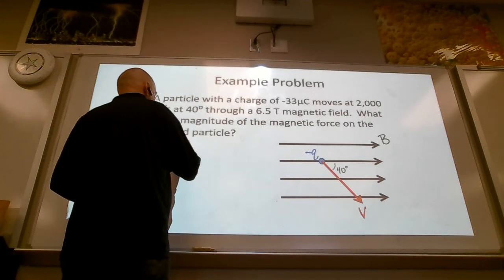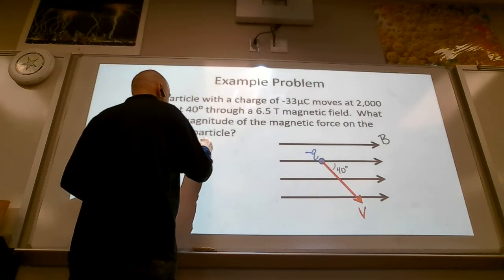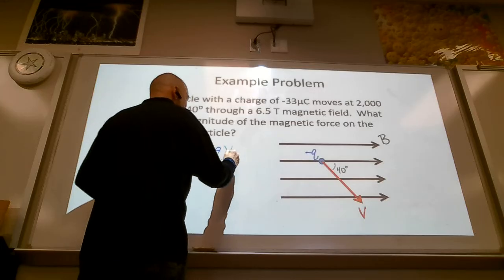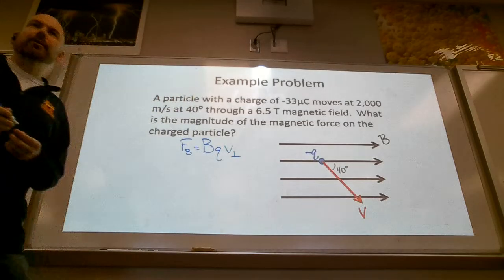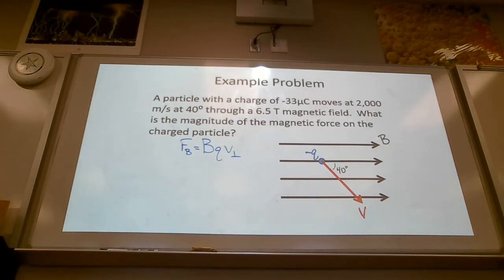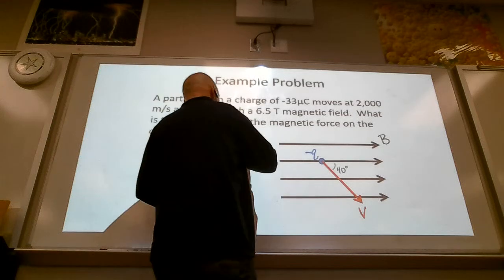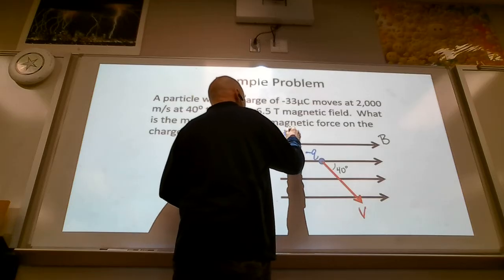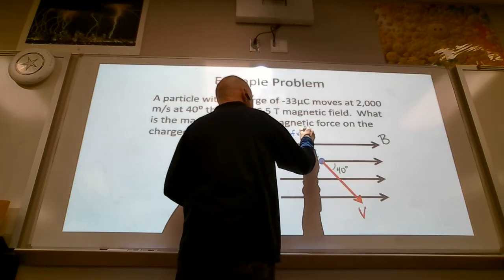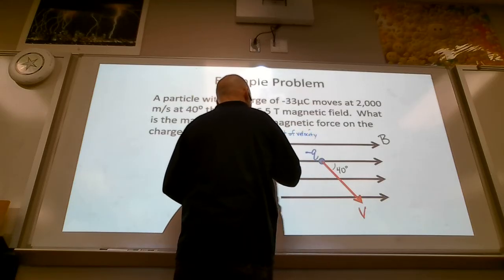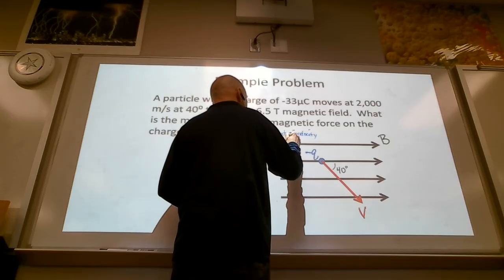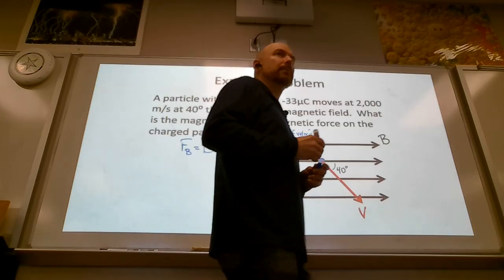So our equation: force is equal to magnetic field times the charge times the perpendicular component of velocity. This is the component of velocity that is perpendicular to the magnetic field.